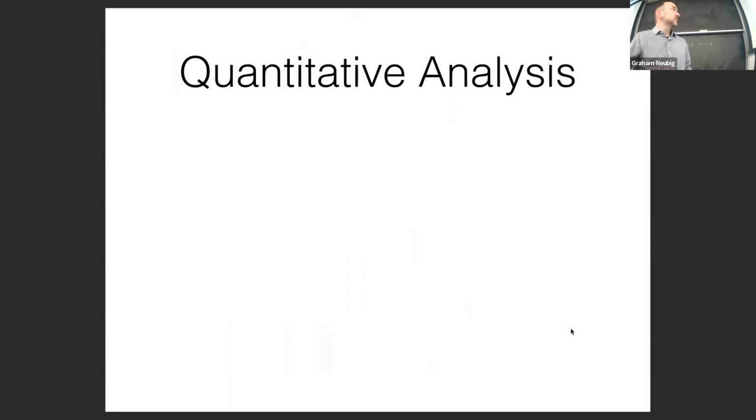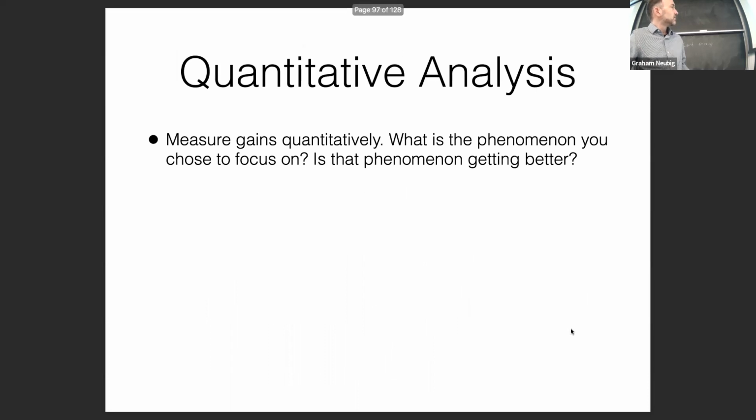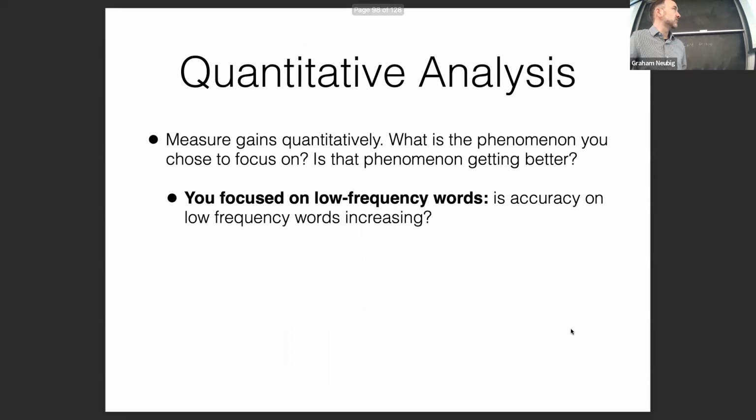Another thing is quantitative analysis. You'll want to measure gains quantitatively. What is the phenomenon that you chose to focus on? Is that phenomenon getting better? This is closely linked with what method you're proposing, or if you're comparing two models and intuitively one model should be better for a particular phenomenon, you can go in and explicitly measure whether that got better.